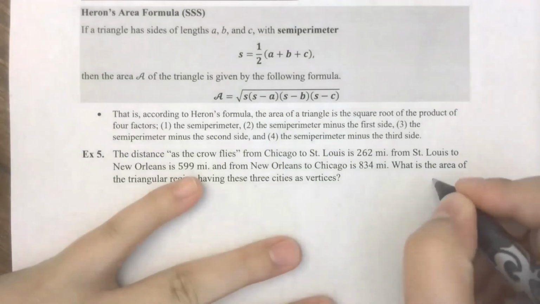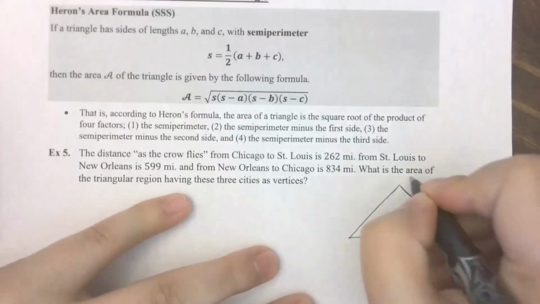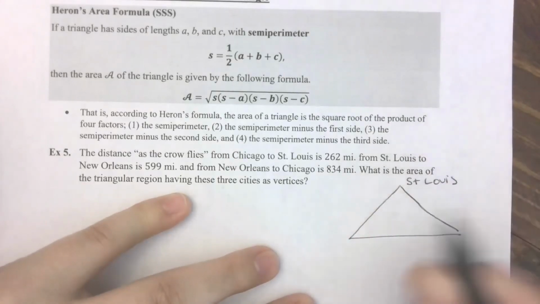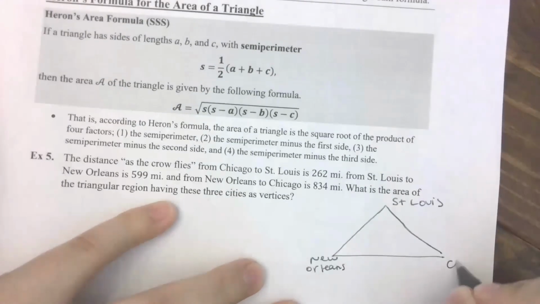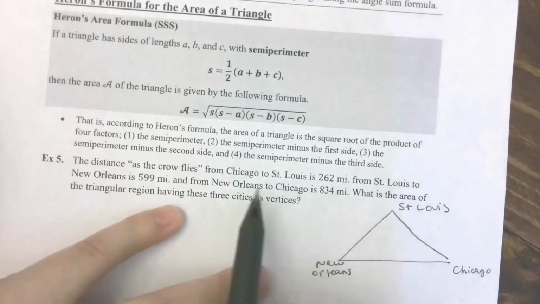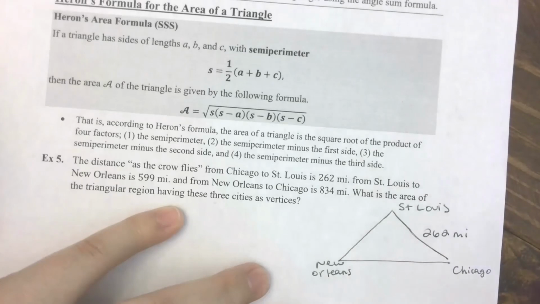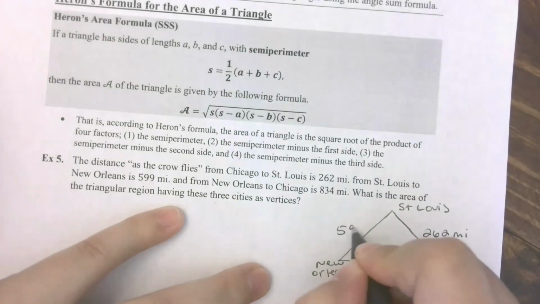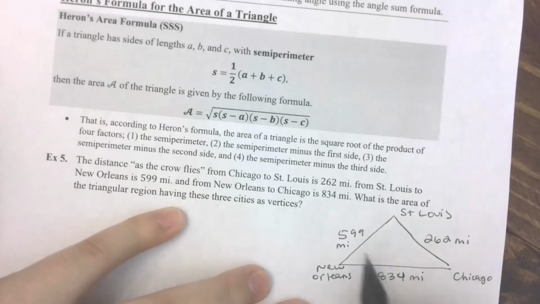So if I just draw my triangle here, we'll say this is St. Louis, we have New Orleans, and we have Chicago. From Chicago to St. Louis is 262 miles. From St. Louis to New Orleans is 599 miles. And then from New Orleans to Chicago is 834 miles. So these are our 3 sides.